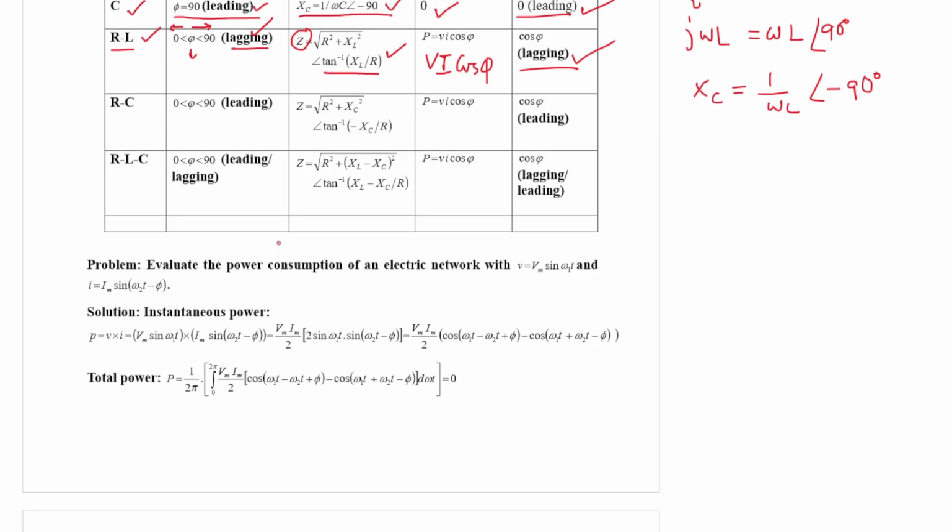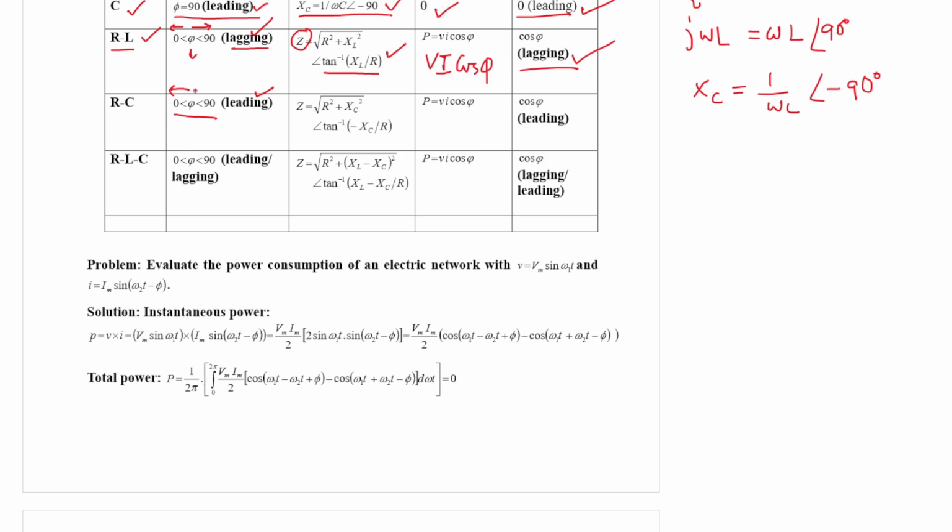Now in case of an RC circuit, the angle between voltage and current can take any value from 0 to 90 degrees. This time the current is leading the voltage. If R is more, phi is most likely tilted towards 0 degrees.